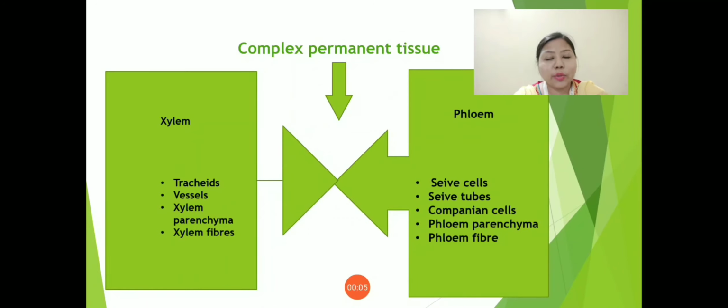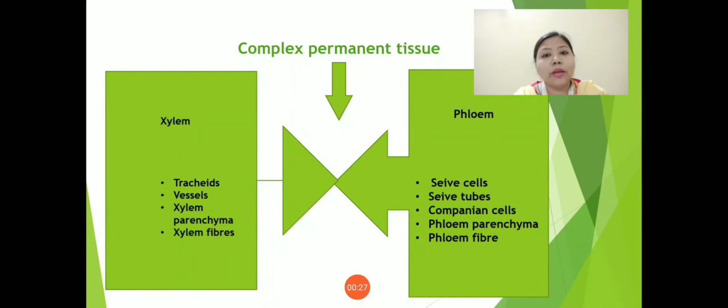The different types of cells which we have discussed till now are each made up of one type of cell. But the complex permanent tissue which we are going to discuss is made up of more than one type of cell. So the complex permanent tissue usually forms the conductive system in the plant.